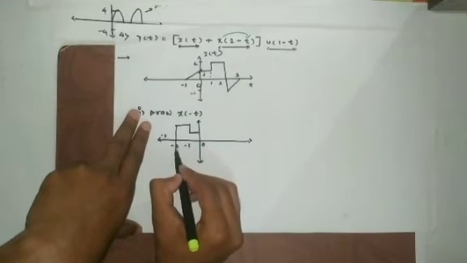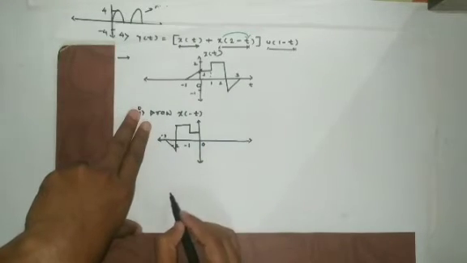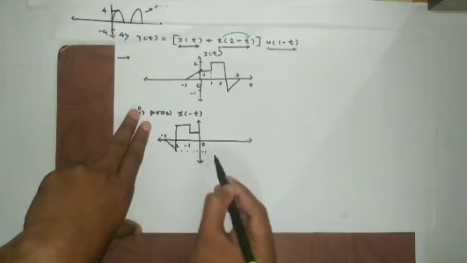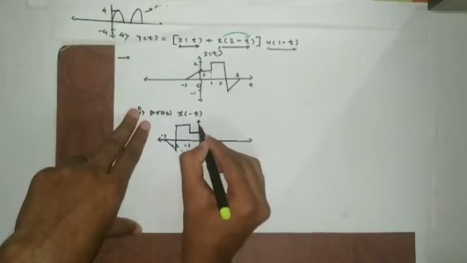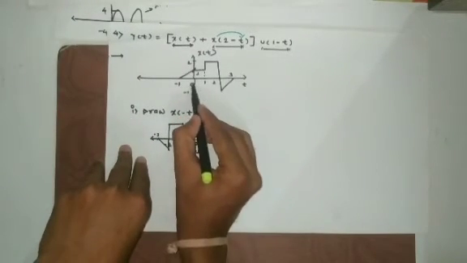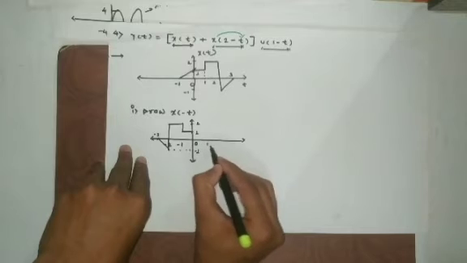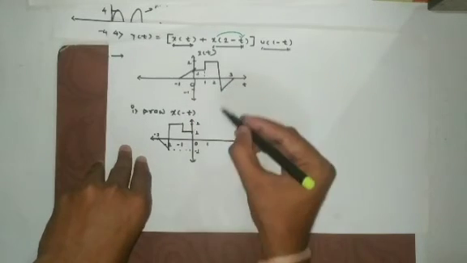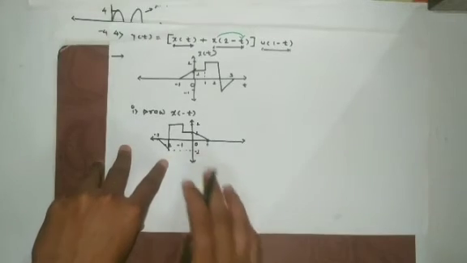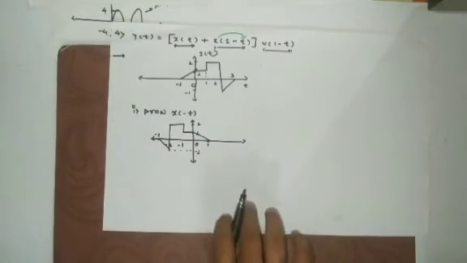So I can draw that negative slope maybe like this one, having this particular value as minus 1. This is plus 1 and this is 2. Now negative value minus 1 to 0 becomes 0 to 1. Here we have a rising slope and we will denote it like this one. So this is going to be our x of minus t.